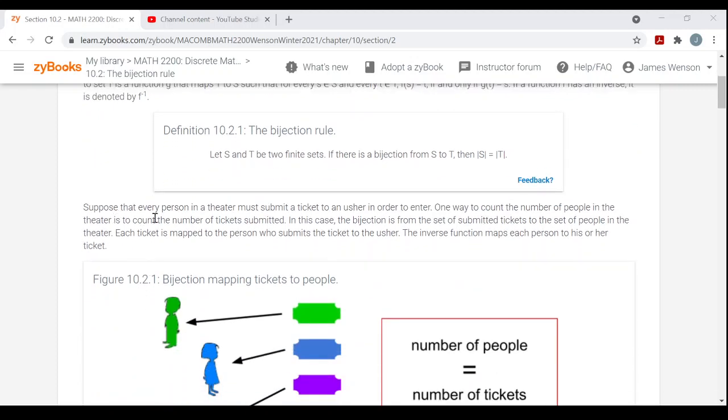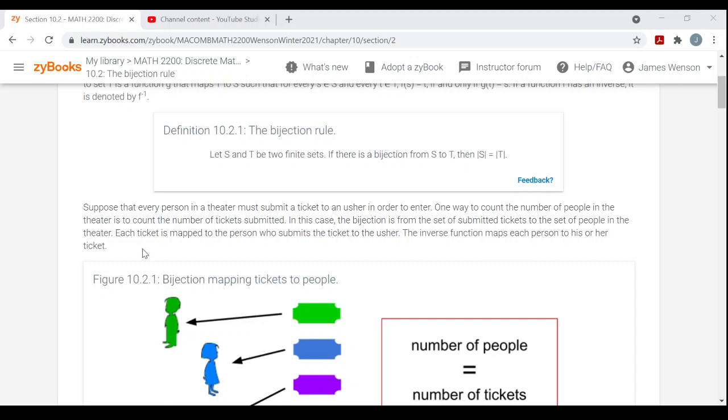Alright, so their first example, a pretty simple one. Suppose that every person in a theater must submit a ticket to an usher in order to enter. So one way to count the number of people in the theater is to count the number of tickets submitted. In this case, the bijection is from the set of submitted tickets to the set of people in the theater.